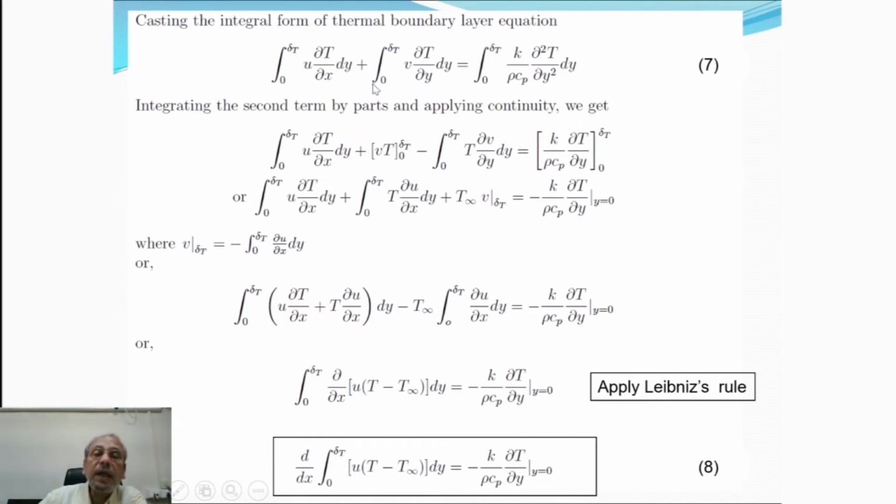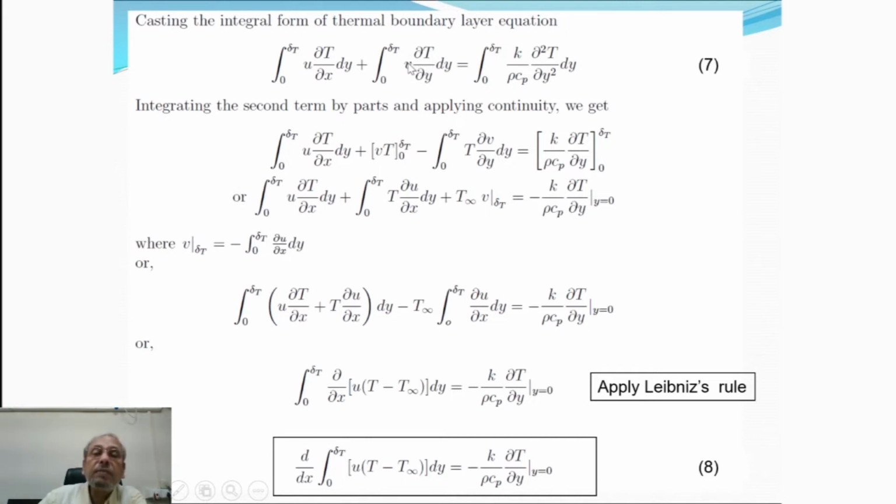The second term will be again integral 0 to delta t v del T del y dy, equal to the right hand side, k by rho cp del squared T del y squared integrated between 0 and delta t dy. So the first term we retain as such. Again the second term we integrate applying integration by parts.